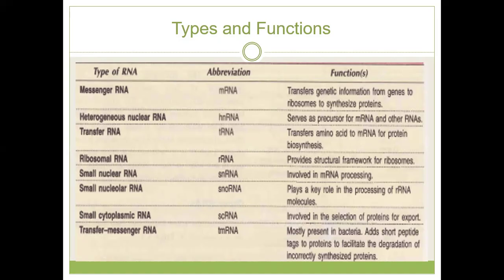So we have messenger RNA, heterogeneous RNA, transfer RNA, ribosomal RNA, small nuclear RNA, etc. Messenger RNA is involved in the transfer of genetic information from the genes to ribosomes for the synthesis of proteins. Heterogeneous RNA is more or less a precursor RNA. When we explain how transcription takes place, after transcription we will see what type of RNA is formed and how that RNA is processed to form different types of RNAs. And what are the functions of the different types of RNA?